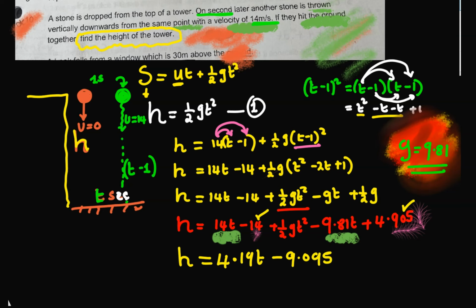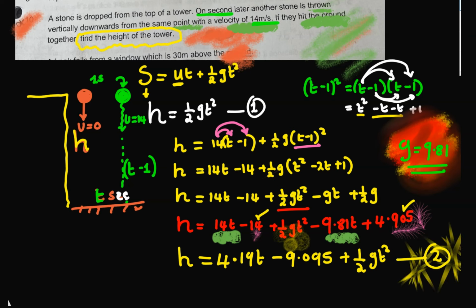But remember, we also had this guy here, so nothing much has been done on it. We write it there, and this becomes plus a half gt squared. Now this qualifies to be our equation 2, and this is going to make our life easier.